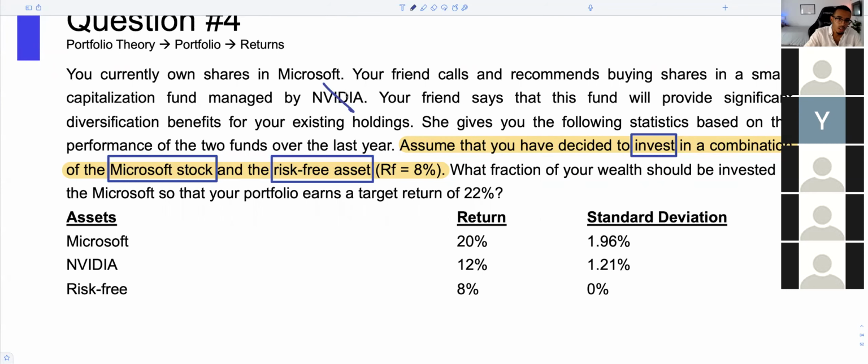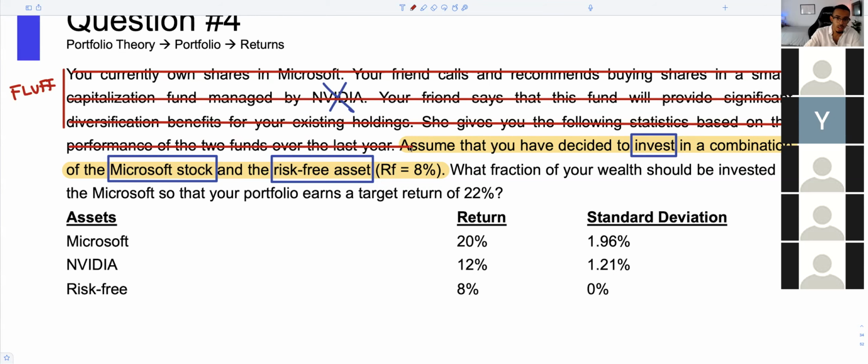So everything that was said from this line to this line was all fluff. It literally meant nothing to what you need to do in this question. That's what they could do on an exam. I just wanted to make that super clear.